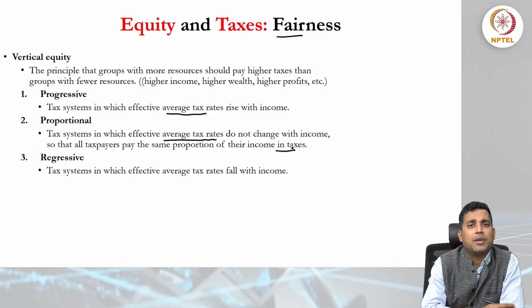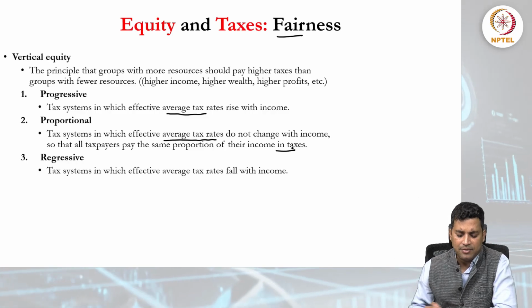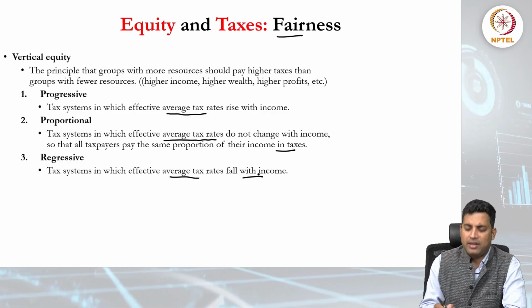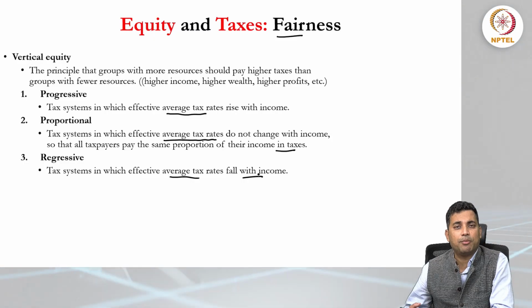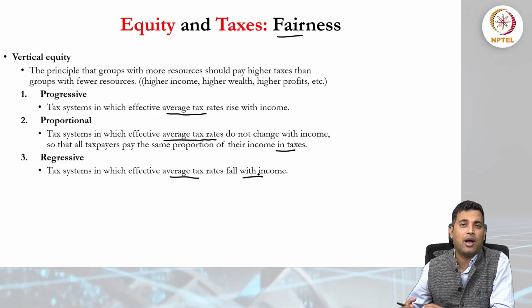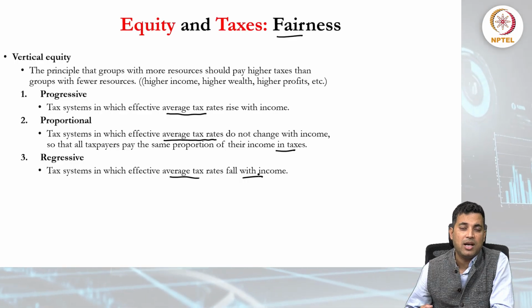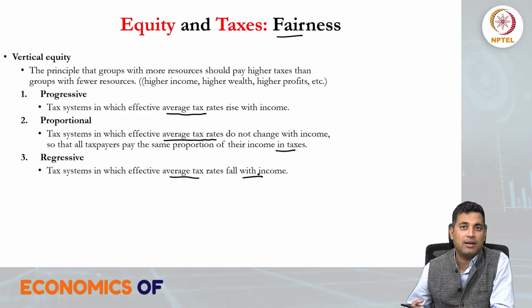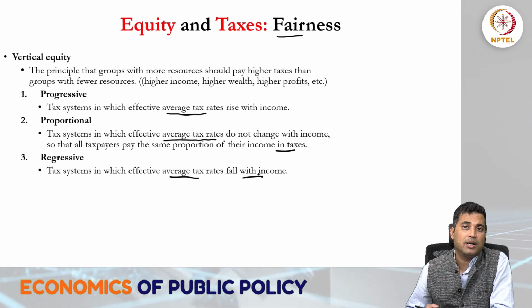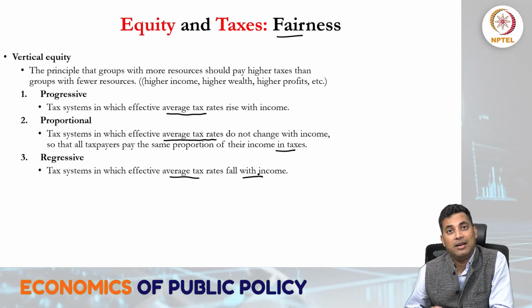Now the third point is regressive, the tax system in which the effective average tax rate falls with the income. So it is not proportional, and here some elites or higher income groups will have some tax exemption, as a result of which they will end up paying less taxes.